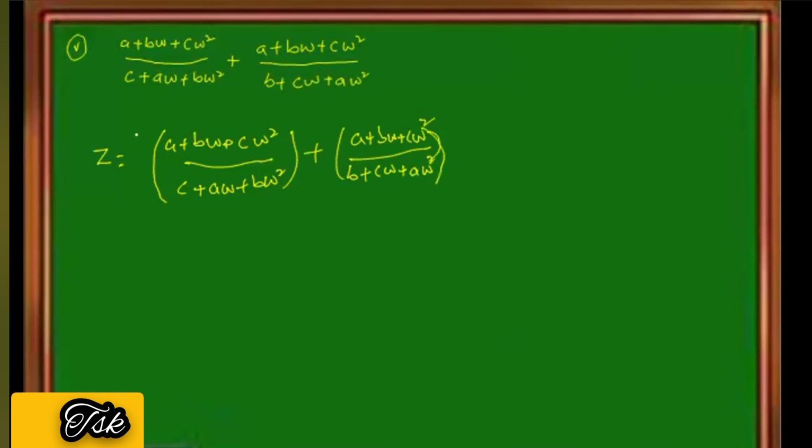Here I multiply and divide with omega. Here I divide and multiply with omega square. So this becomes omega into a plus b omega plus c omega square by, when you multiply with omega, this becomes c omega plus a omega square.